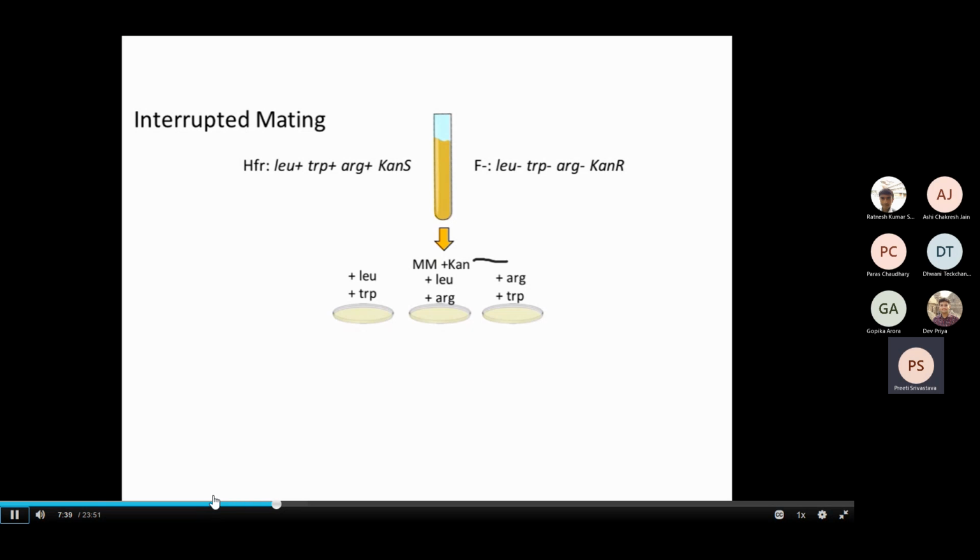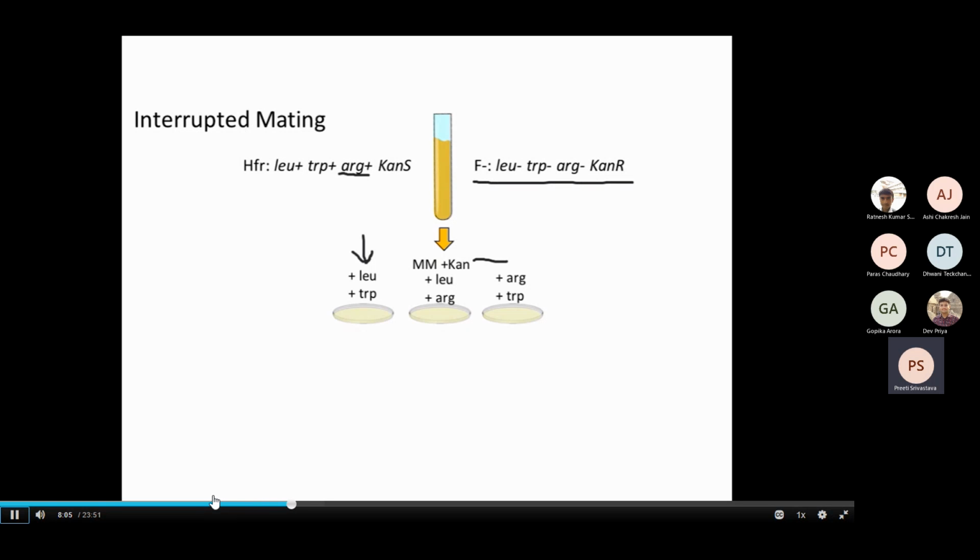So in the first plate, we are adding leucine and tryptophan to the media. So that means that the F- cells we are selecting for are the ones that have then received the Arg prototrophic marker, because the cells that grow in this condition are able to grow in the absence of Arg, which the F- cells alone cannot.